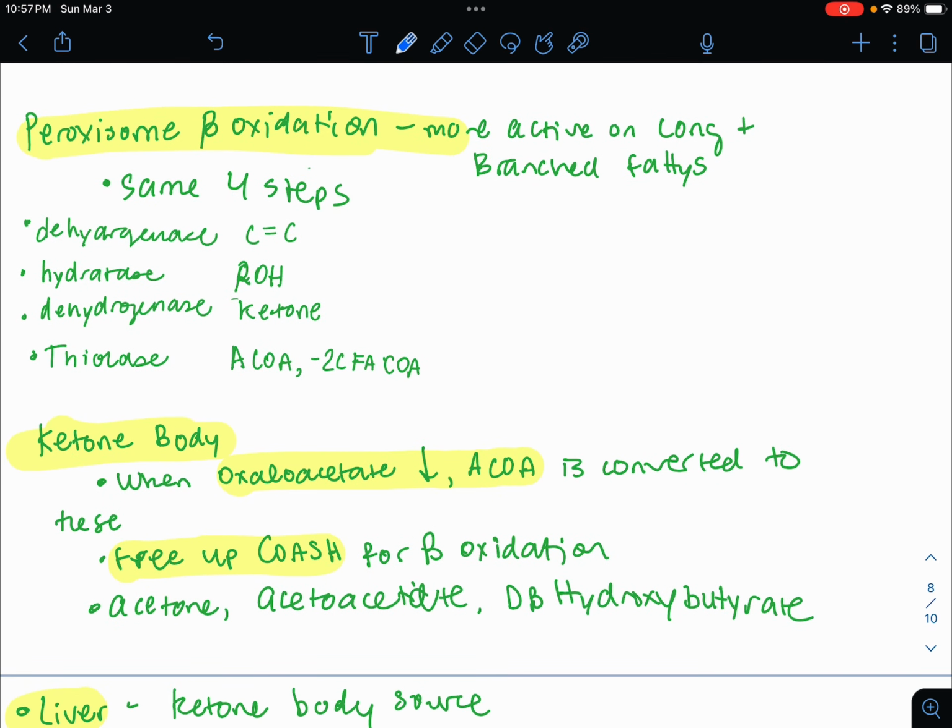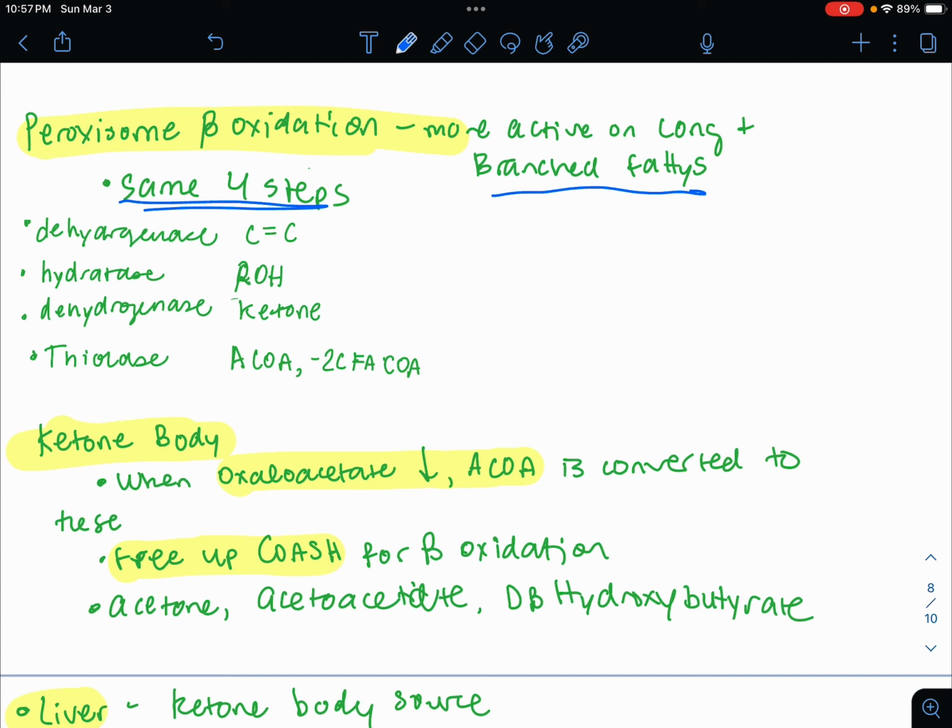We could also have the peroxisomes carry out beta oxidation. They're going to be more active on long and branched fatty acids. So the peroxisomes like long and branched fatty acids. It's the same 4 steps that we went over. We have the dehydrogenase, and that's going to take the fatty acyl-CoA to a carbon-carbon double bond.